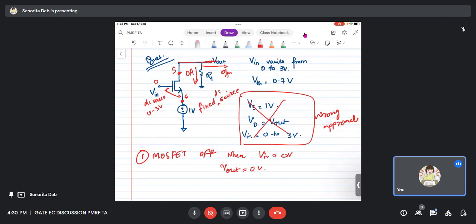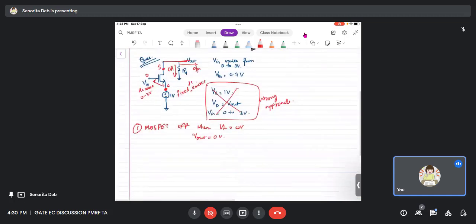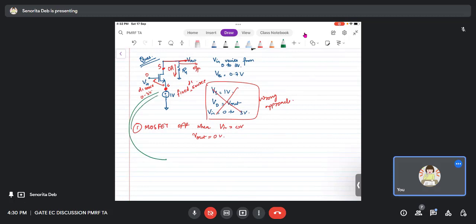So now if V out is 0 volts and Vs is 1 volt, so this node is at 1 volt, then what has happened? The drain and source have now interchanged, right? The arrow does not mark the drain, because as we said, it will depend on the potential.